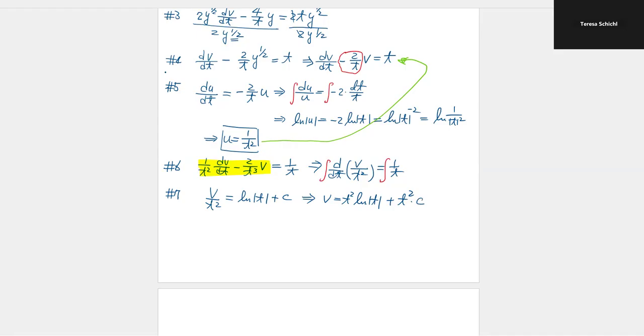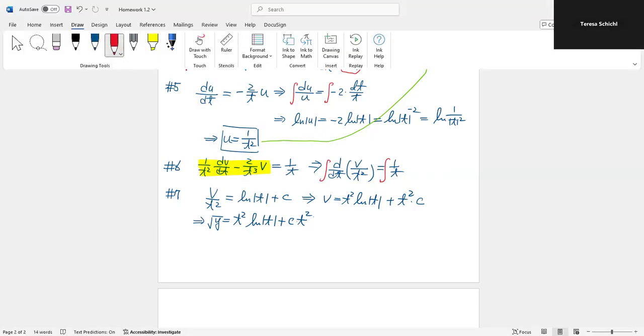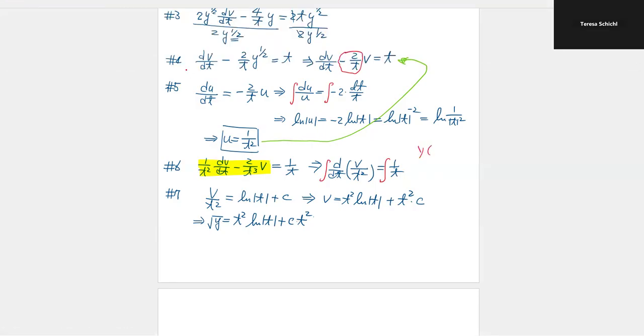Now v is equal to the square root of y, so I replace it. Then the square root of y is equal to t squared natural log t plus c t squared. Okay, my initial condition here is y(1) equal to 4.